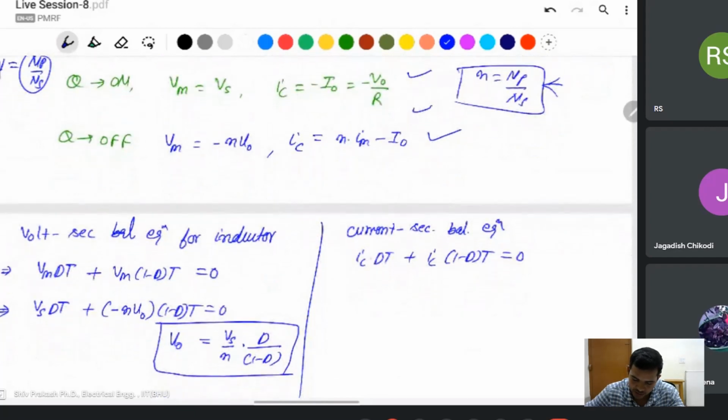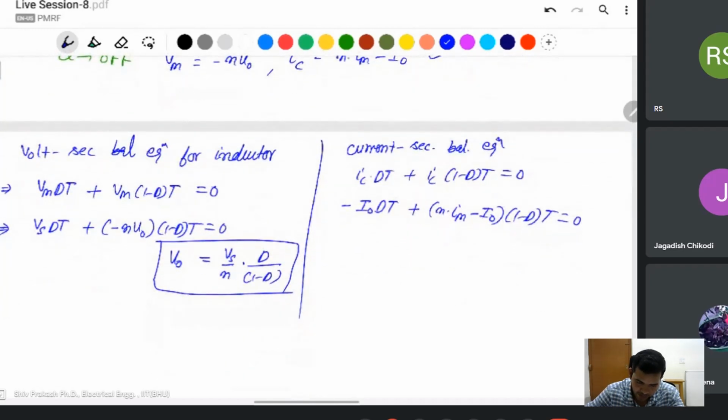In time, this one is minus I naught into d, t plus n into Im minus I naught into 1 minus d, t. t is common and cancels. Minus I naught into d plus n into Im into 1 minus d, minus I naught plus I naught into d.